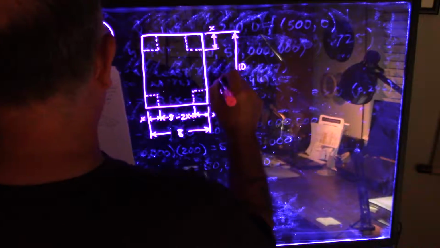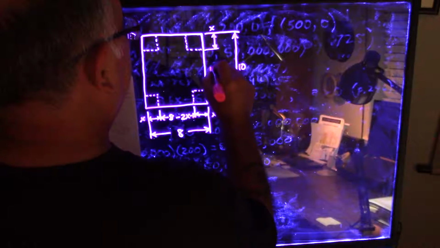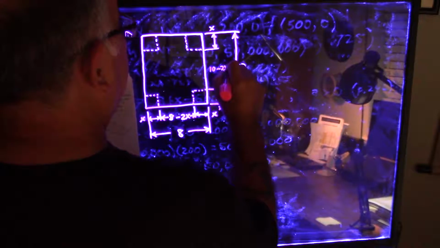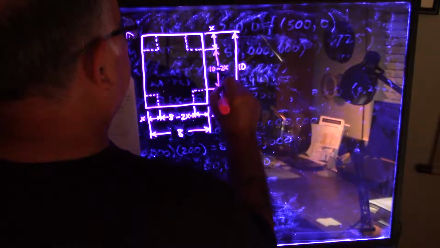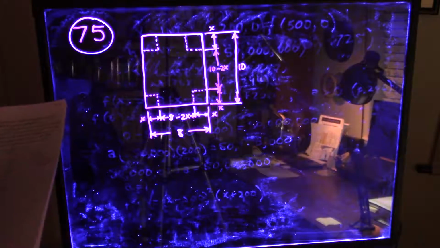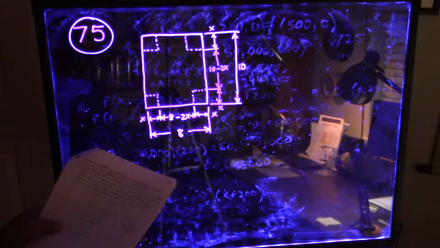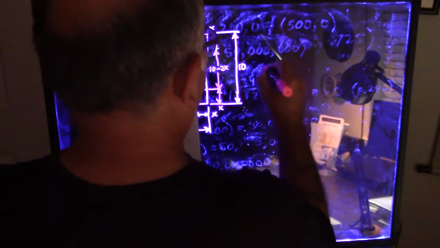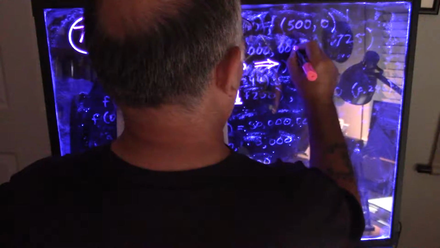And this distance in between here would be 10 minus 2x. Like that. Okay, so when you fold up the tabs that are left, you end up with this box, open top.